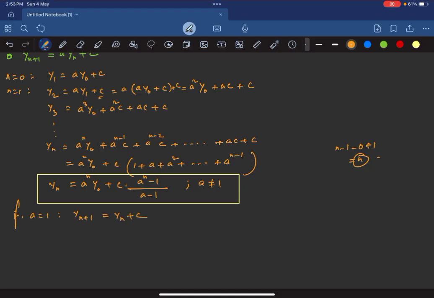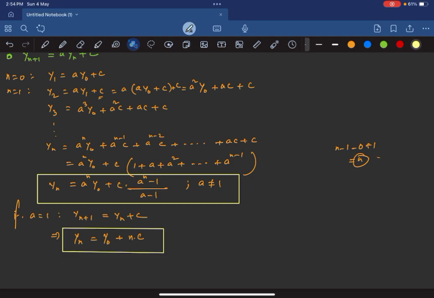If you proceed further with this, in that case the solution yn, with a value of 1, becomes y0 plus n times c. Okay, so that is for a equals 1. You can remember this formula as well. So if we have a non-homogeneous equation, in that case we can apply these two formulas directly.